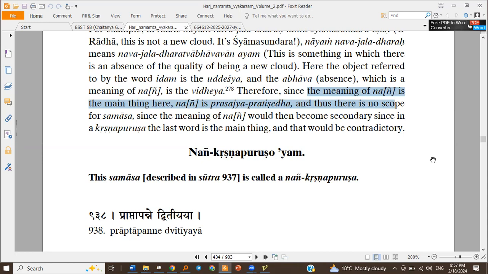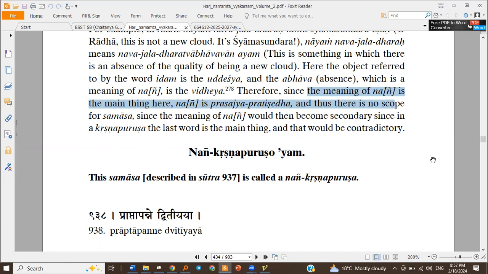Since the meaning of nai would then become secondary, and in a Krishna Purusha the last word is the main thing, that would be contradictory. In a Krishna Purusha Samasa, the second word is predominant, it is Uttarapada Pradhan. So if pratisheda is prominent in a sentence, there is no point doing a compound of nai with an uttarapada, because in Krishna Purusha the uttarapada is predominant, not the purvapada.